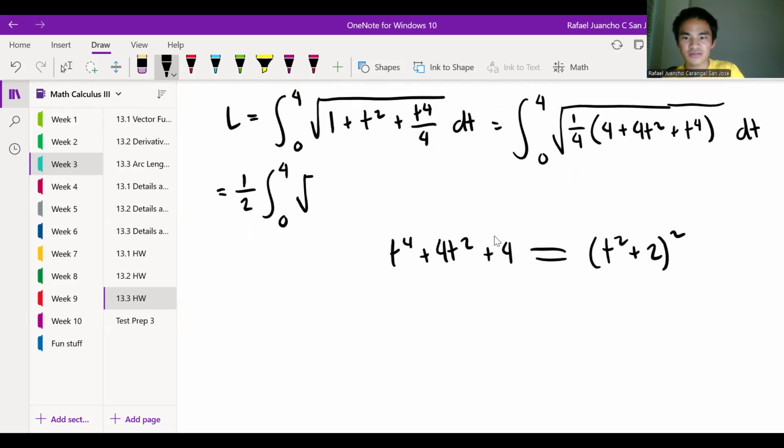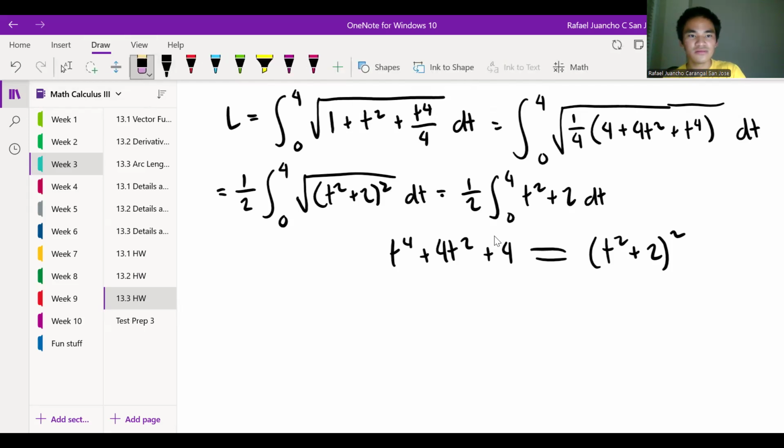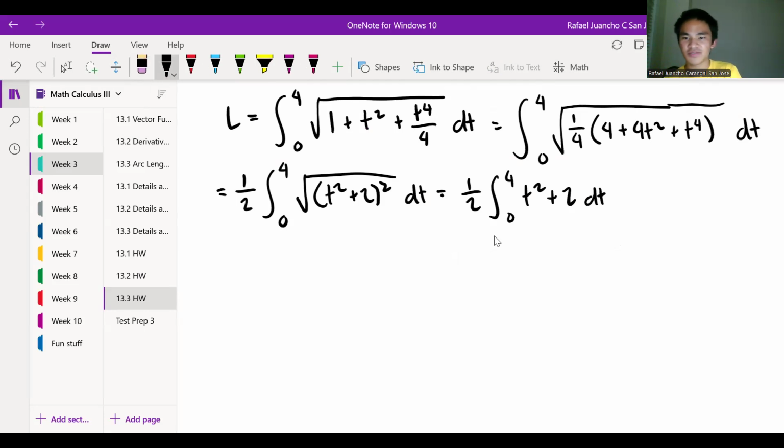So this is the square root of t squared plus 2 squared, dt, and I get 1/2 integral from 0 to 4 of t squared plus 2 dt. So it's really the completing the square technique, and I can just integrate from here.